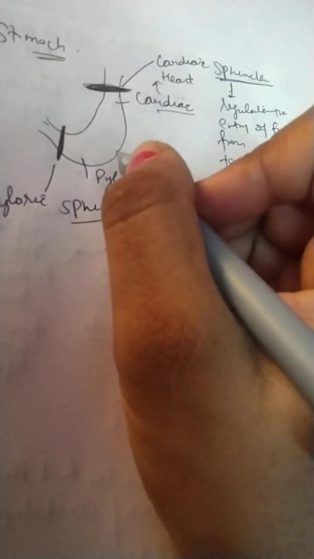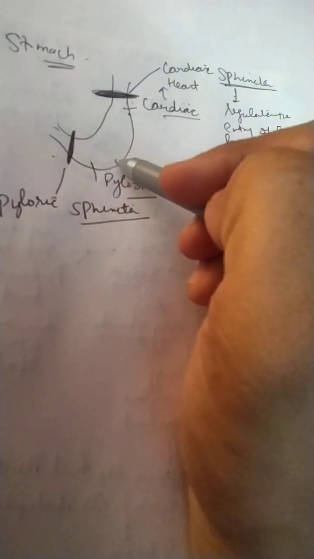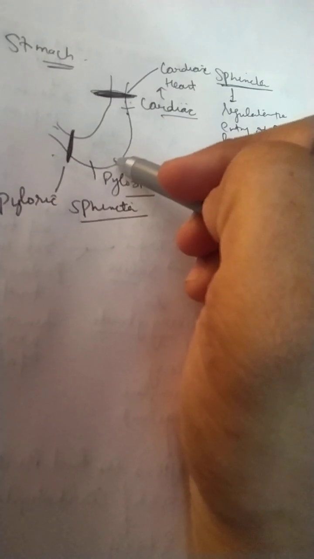It means once the food enters from the esophagus into the stomach, it will never be regurgitated or move back towards the food pipe, because this sphincter prevents the backward movement of the food.